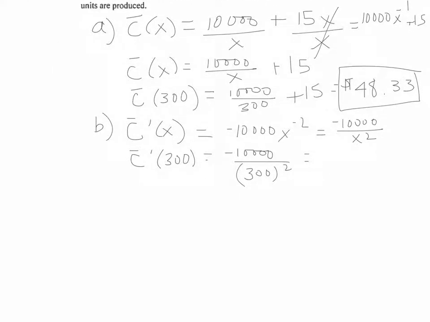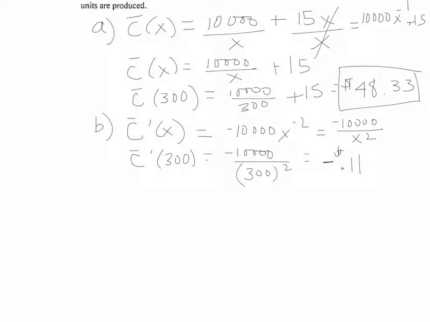Was it a positive 11 cents or a negative 11 cents? If I have a negative 10,000 on top, when I square 300 on the bottom, that's positive. Negative divided by a positive is a negative. That's a negative 11 cents.